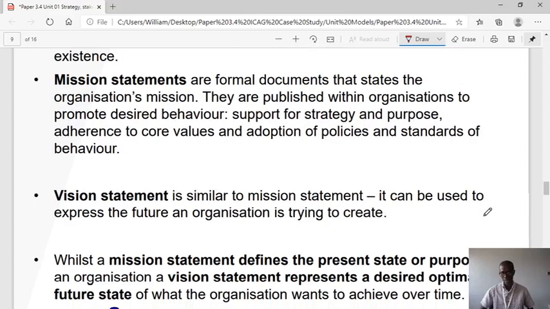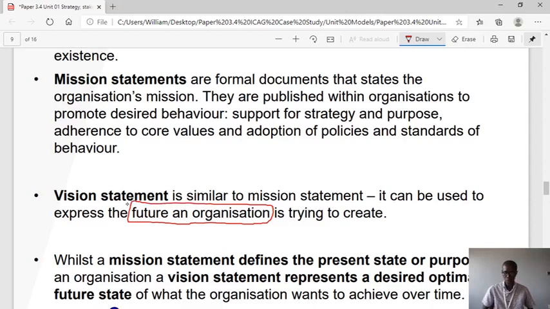But the vision of an organization can be used to express the future an organization is trying to create, or what the organization aspires to achieve. So it's about the aspiration, what the organization is aspiring to achieve, its future.